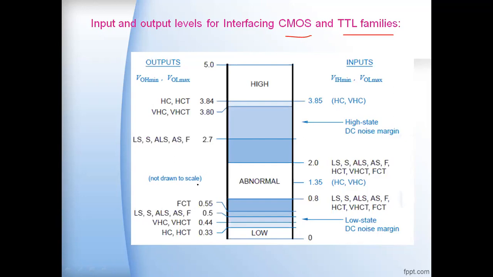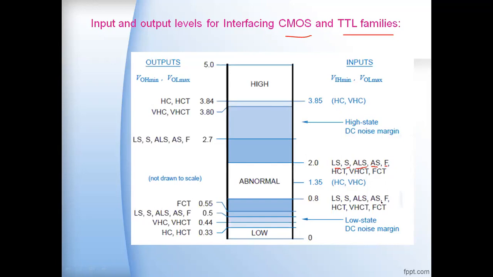You know what the TTL logic families are, and you know what the CMOS logic families are. Do you remember the logic families of the TTL and CMOS? For example, see here: LS, low power Schottky TTL; S, Schottky TTL; ALS, advanced low power Schottky TTL; AS, advanced Schottky TTL; F, fast TTL.